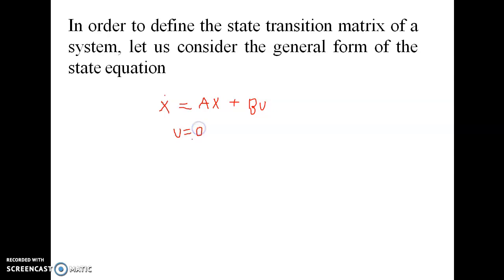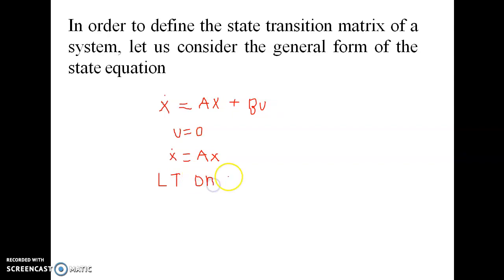So if input is 0, the above equation will become x dot is equal to A into x. Now let us take the Laplace transform on both sides of this equation.